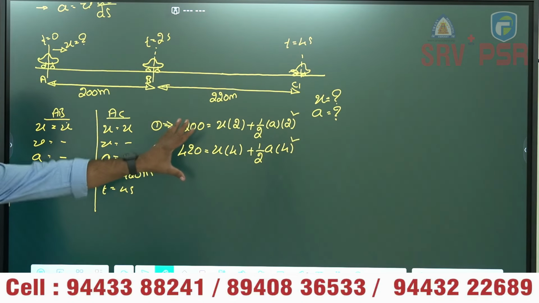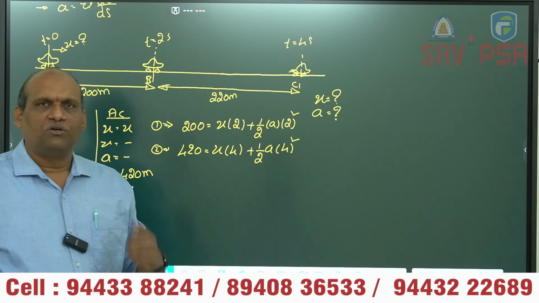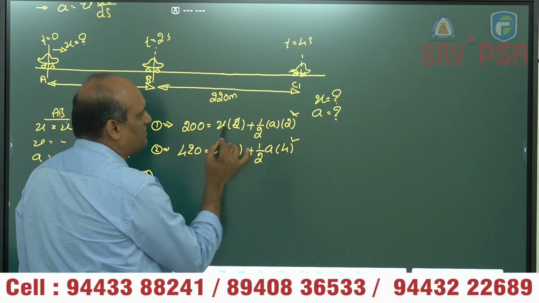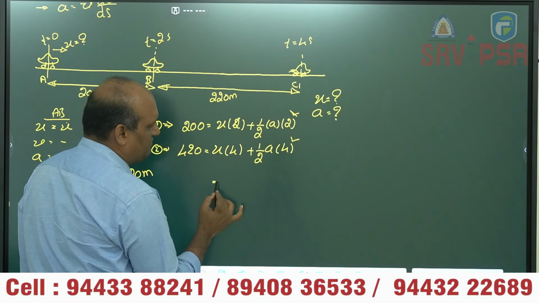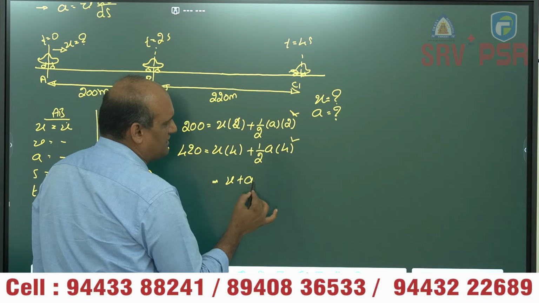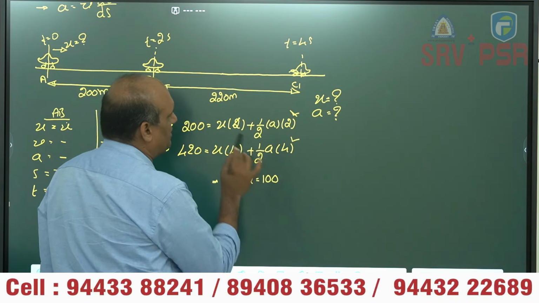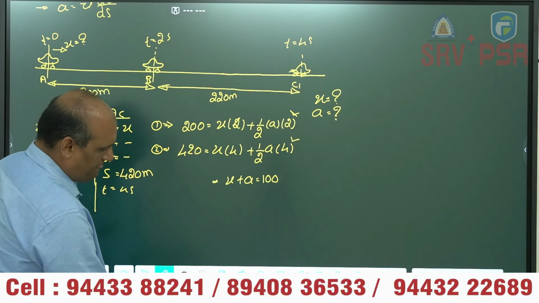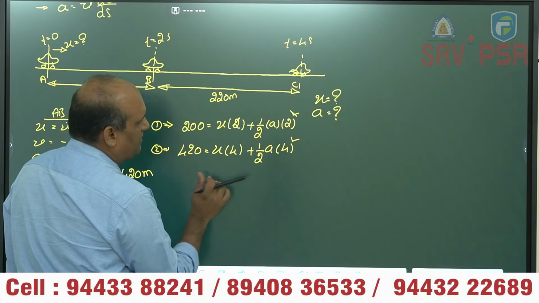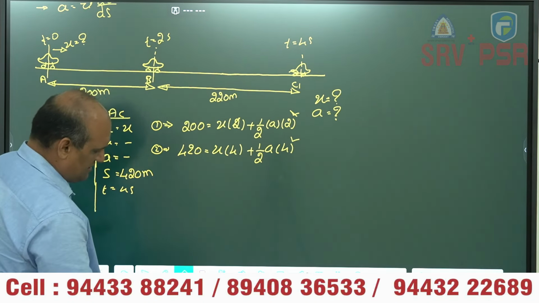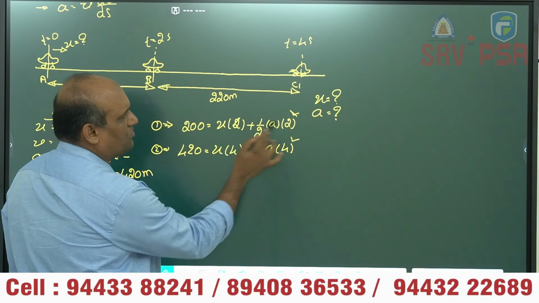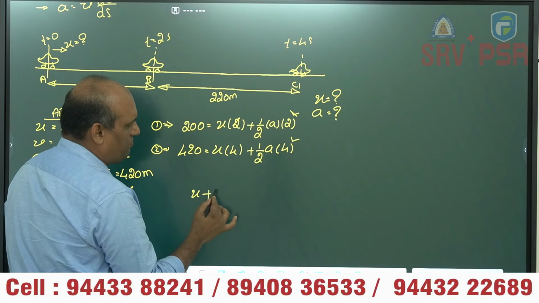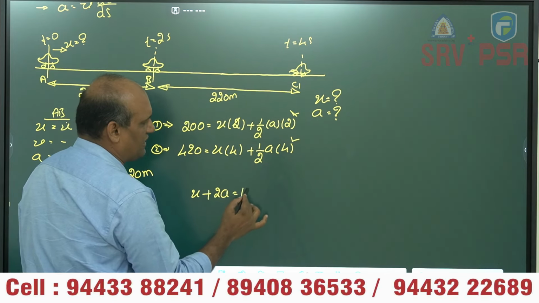So these are two equations, two unknowns. You can simplify easily. See here, 2 gets cancelled, so 100. So the first equation will be u plus a equal to 100. Sorry, u plus 2a, equal to 100.